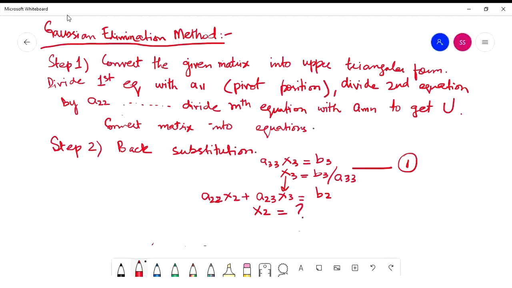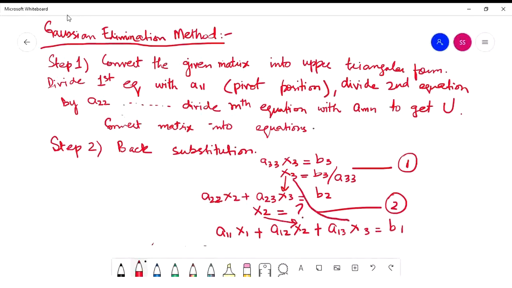That is equation number 2. The last step is A11 x1 plus A12 x2 plus A13 x3 equals b1. b1 is also a constant. Replace the value of x2 and the value of x3 here to get the value of x1. So this is equation number 3.